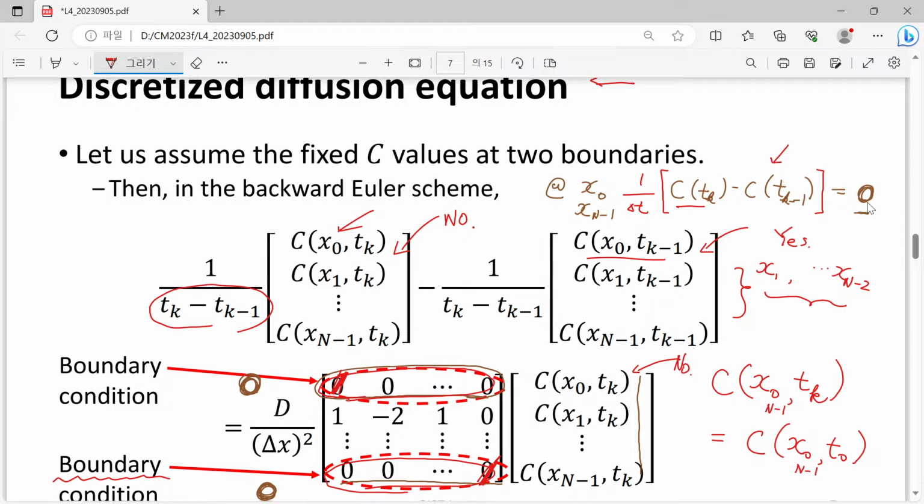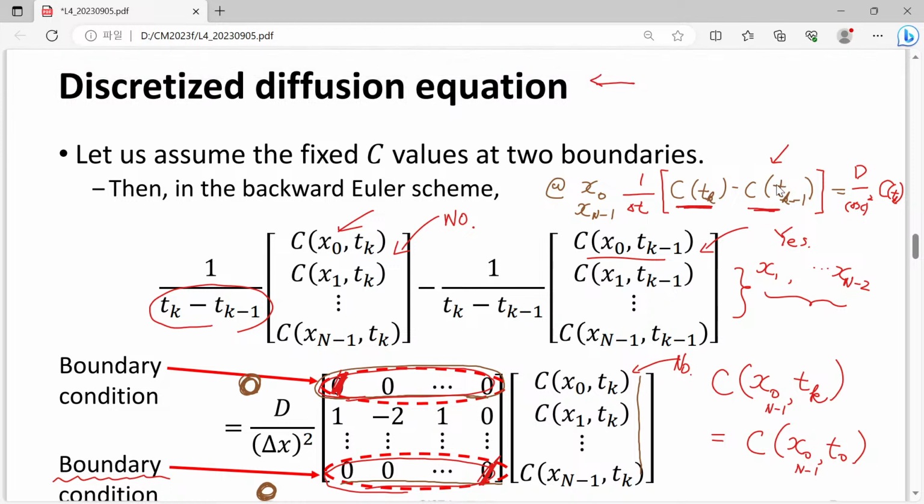And if we don't have a vanishing quantity, for example like 1, then we will have D over delta x squared times c at a given time t sub k. Then your quantity at t sub k is no longer equal to c at t sub k minus 1. So you have no constant values at these boundaries.